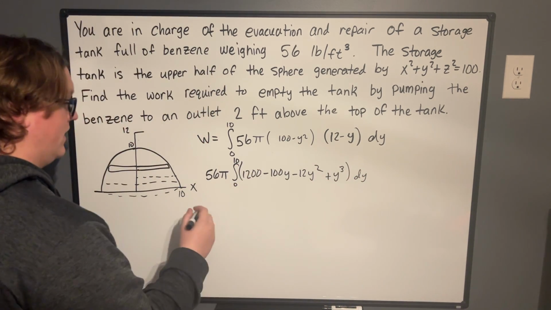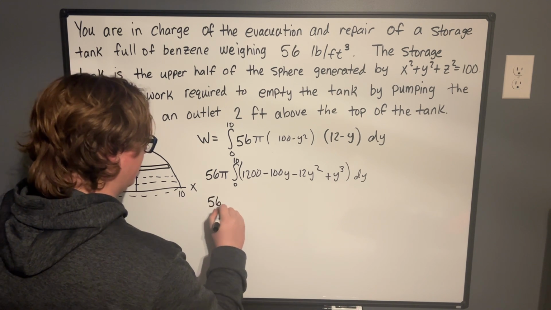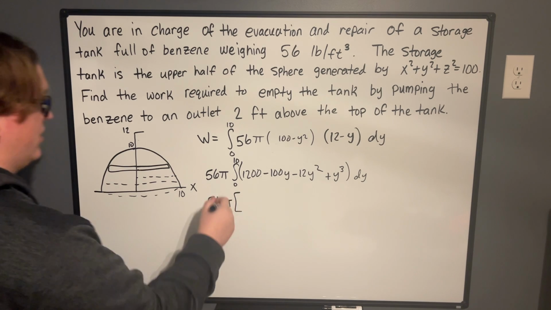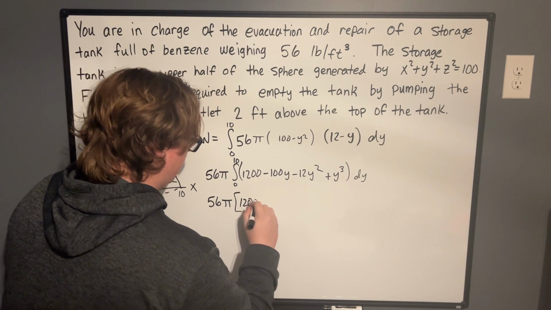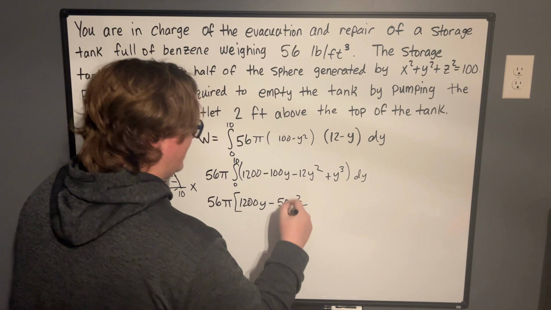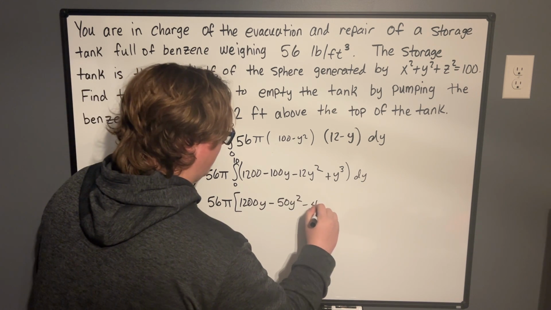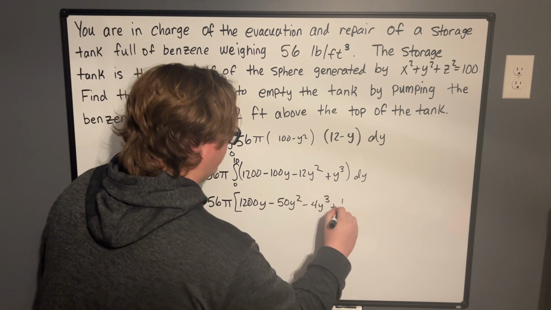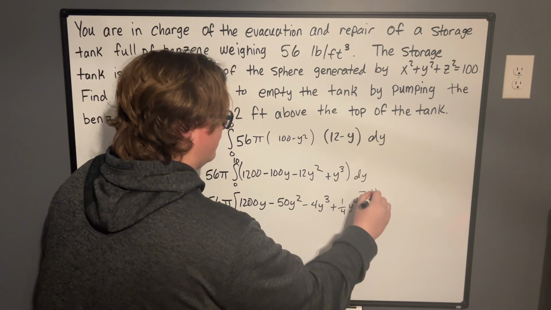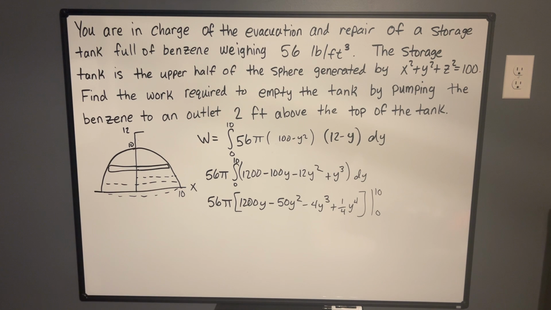All right, and then now we're going to actually integrate. So 56 pi multiplied by, now if I integrate all these with respect to y, I'm going to get 1200y minus 50y squared minus 4y cubed, and then plus 1/4 y to the 4th. I'm evaluating this from 0 to 10. Okay?